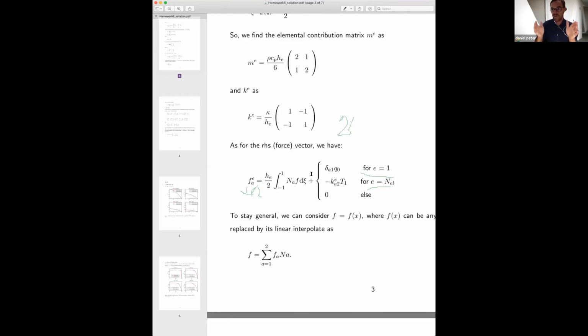So then you have to see which part of your local force contribution actually comes to the global force vector. So we only consider the K12 here, not K22. Right.